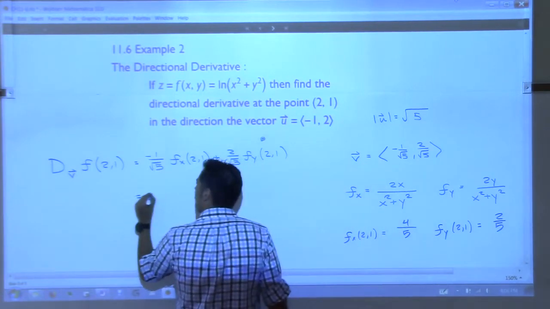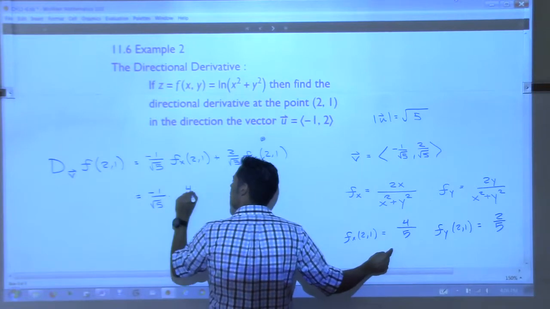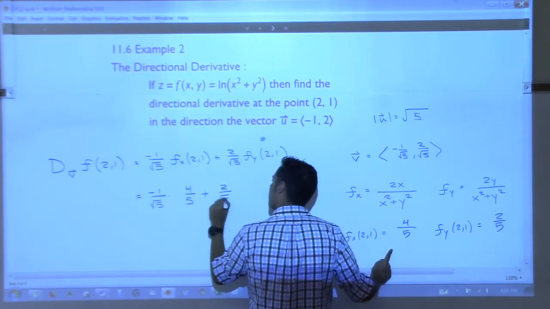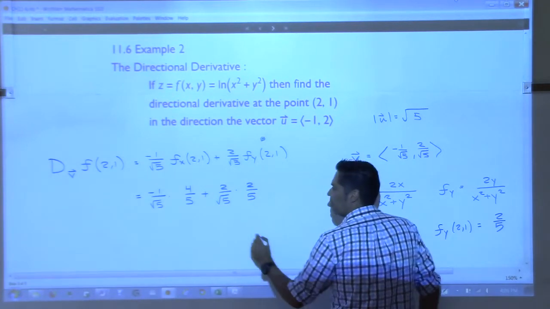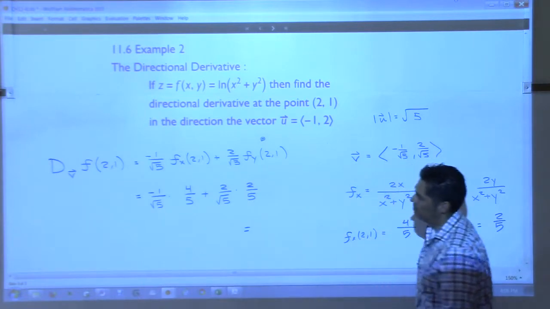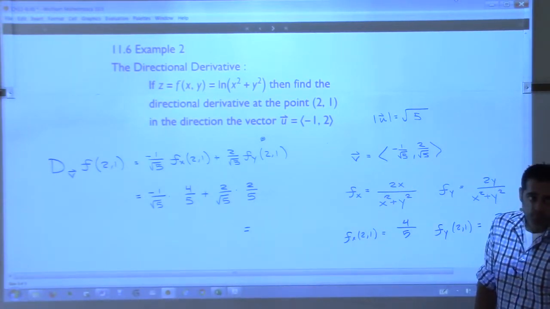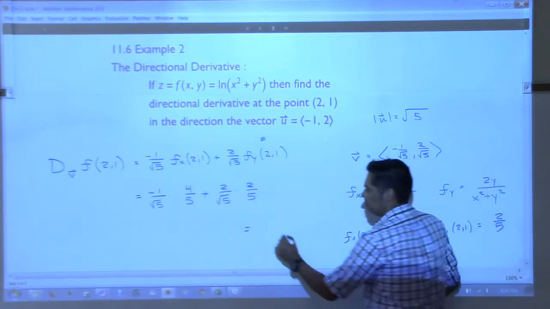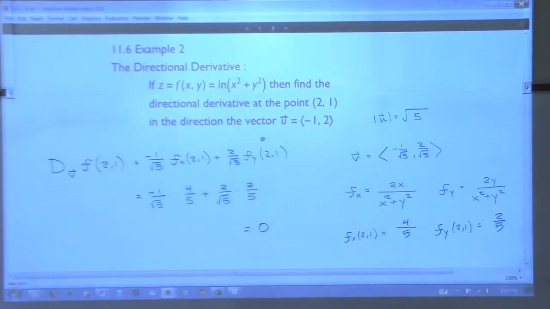So this is negative 1 over root 5 times 4/5, plus 2 over root 5 times 2/5, which at the end of the day is 0. Isn't it?